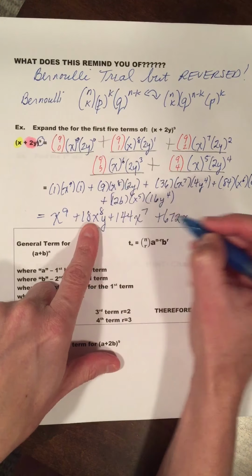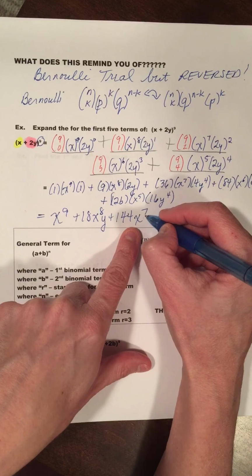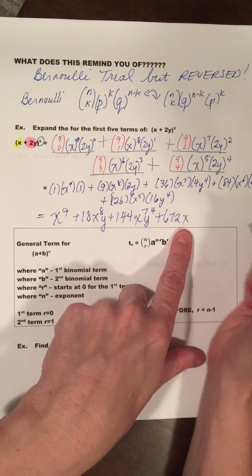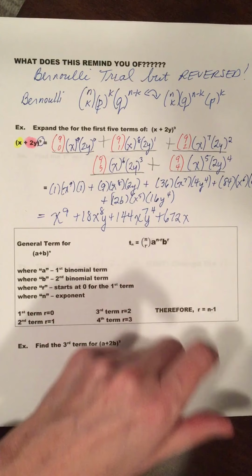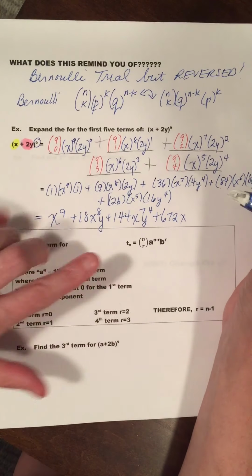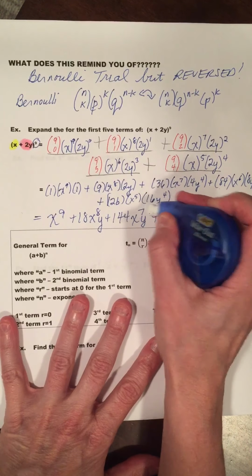There should be a y here, and there should be a y to the 4 here. No, there's a mistake. Come right back up here, guys. Sorry.